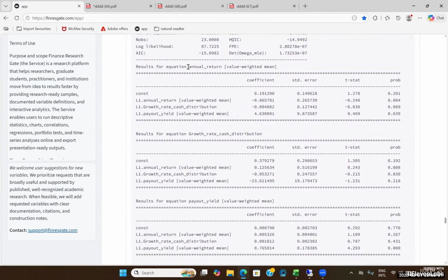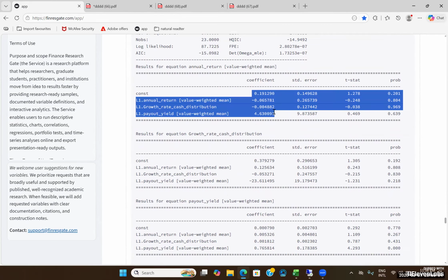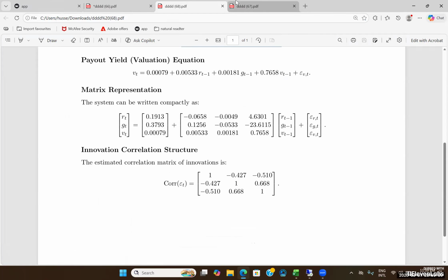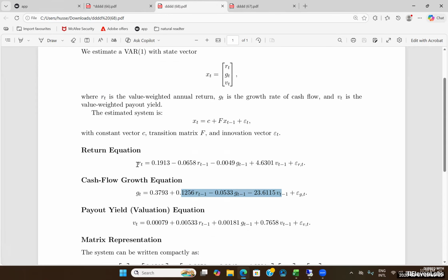Regarding the equation that specifically determines the annual return, these particular values represent its coefficients. It's clear that none of these coefficients are statistically significant, and they actually correspond to this particular form. The return is a function of a constant factor, which means the annual return is primarily explained by a constant baseline and by innovation.